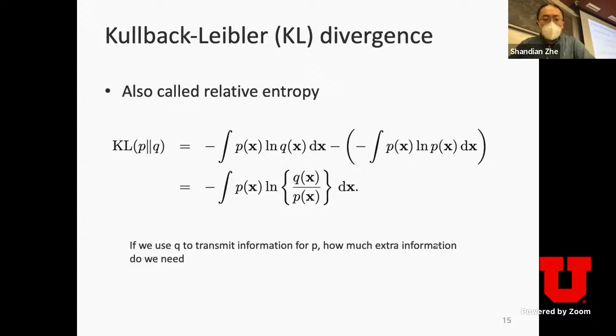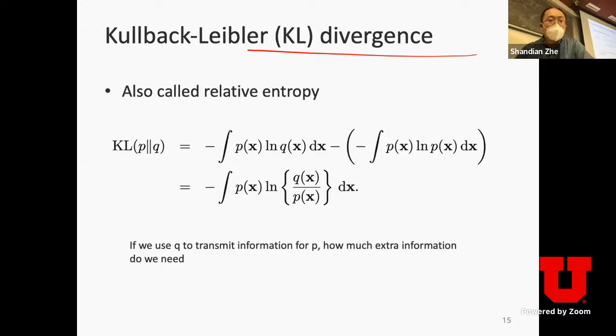The second concept, which is very important, is called the Kullback-Leibler divergence. If you're doing Bayesian probabilistic learning, you see it a million times. It's always about how to minimize the KL divergence between two distributions.